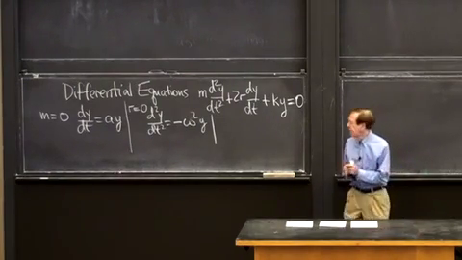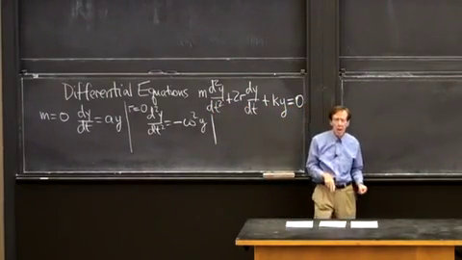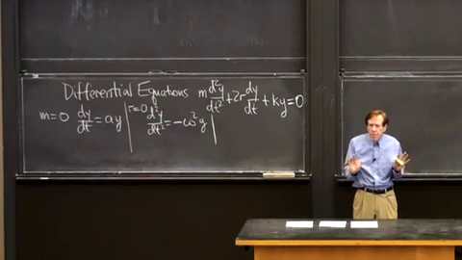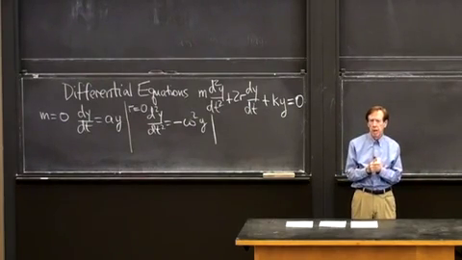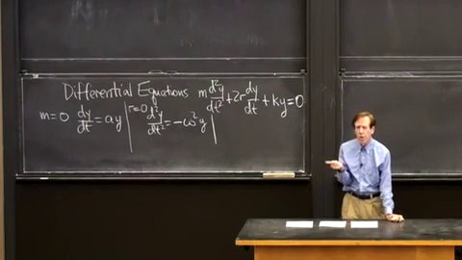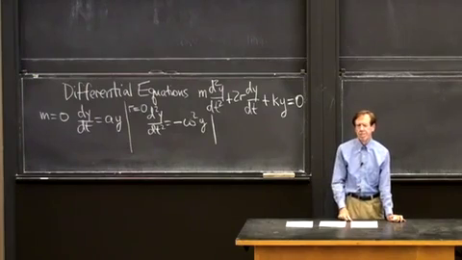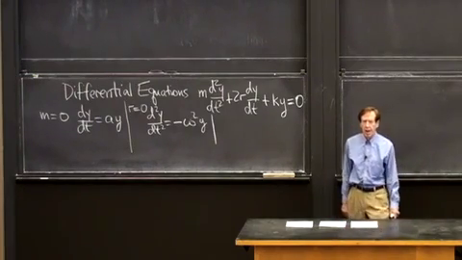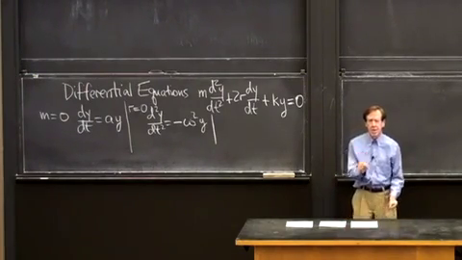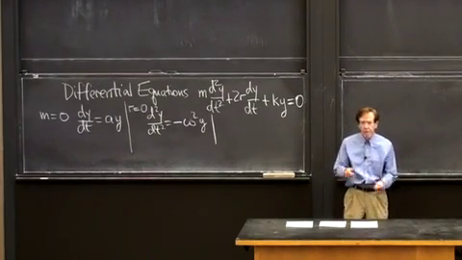In fact, the only multiplications are by these numbers, m, r, and k, and those are constant numbers coming from the application. So I have a constant coefficient, linear, second order differential equation, and I'd like to solve it. And we can do it because it uses the very functions that we know how to find derivatives of.